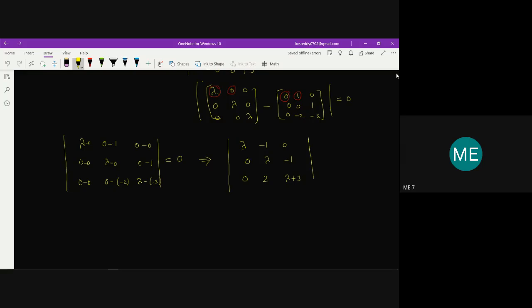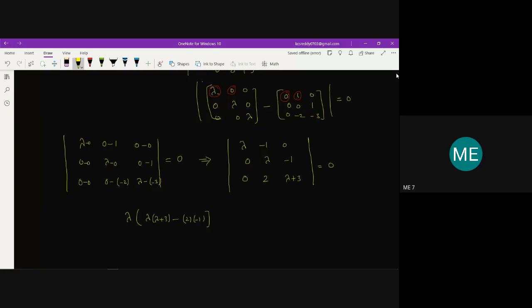So we need to find the determinant of this. Lambda into lambda plus 3, minus of 2 into minus 1.